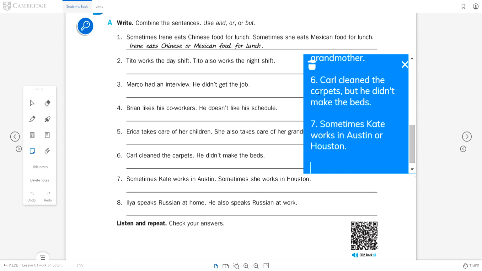And number 8, the last sentence. Ilya speaks Russian at home. He also speaks Russian at work. It gives me the idea of addition, adding, so we use the conjunction and. So the sentence comes like this.